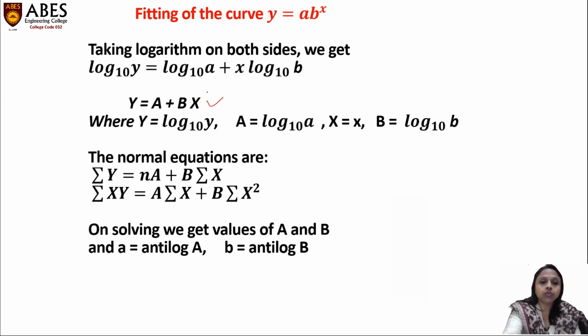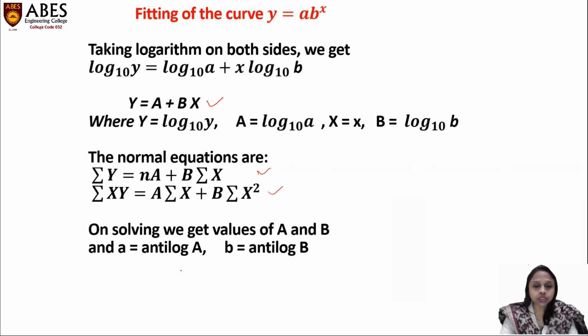The normal equations for a straight line are the same, so we will consider these two normal equations. From the given data, we will put all the values and solve the equations to get the values of capital A and B. In the end, we get small a as the antilog of A and small b as the antilog of B.